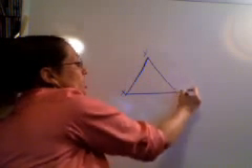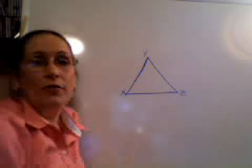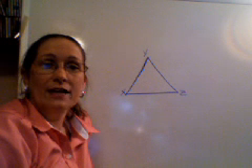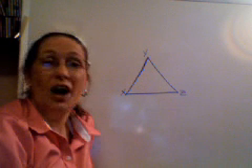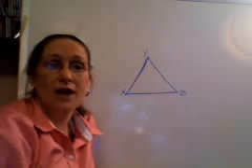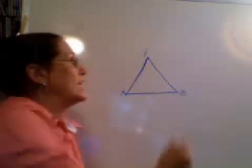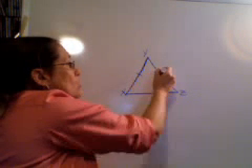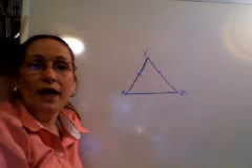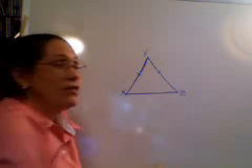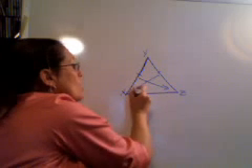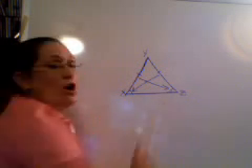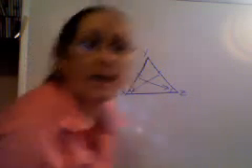I'm going to label this triangle X, Y, Z. One thing we would know is that angle X plus angle Y plus angle Z will always add up to 180 degrees no matter what type of triangle you have. If you have an isosceles triangle, meaning that the 2 legs have congruent length, then we also know that the angles opposite those congruent legs are equal to each other. They are congruent. They have the exact same measure.